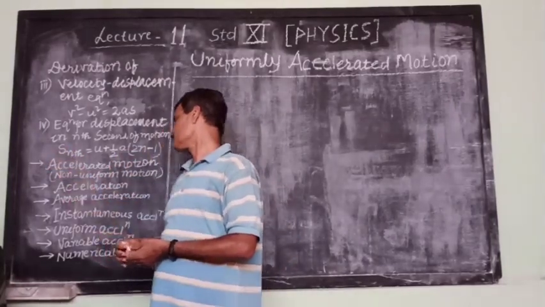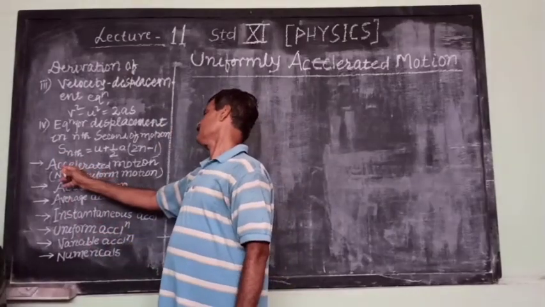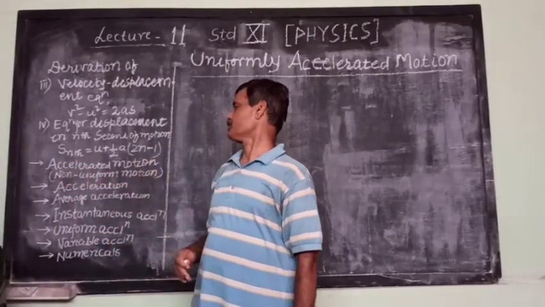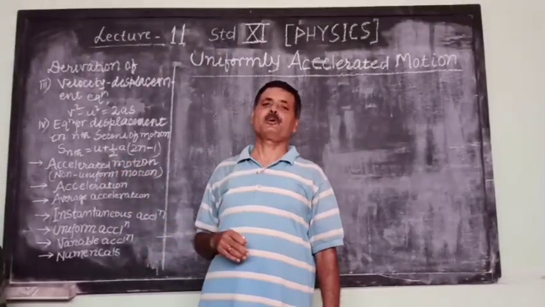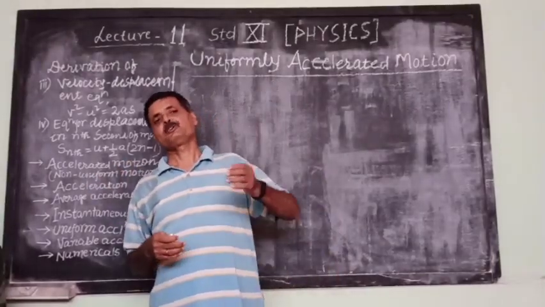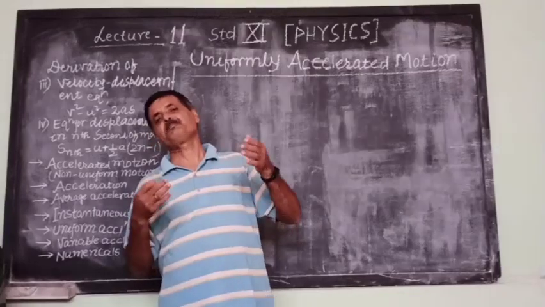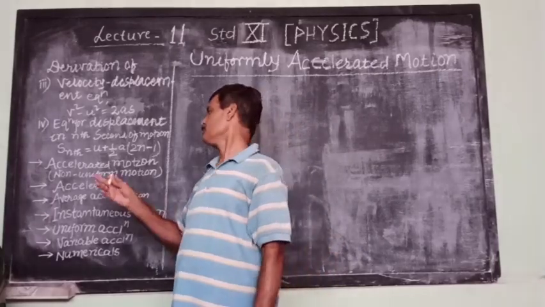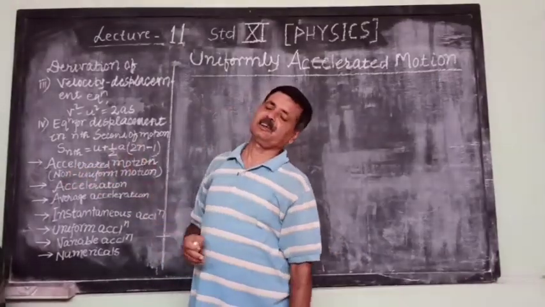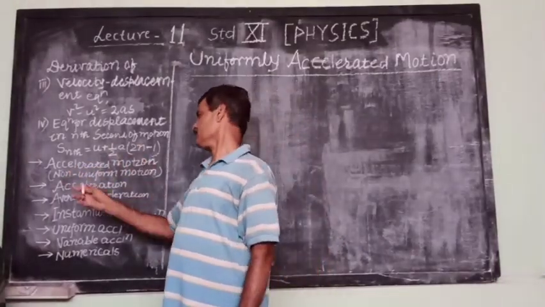Just after this, we will study regarding accelerated motion. Accelerated motion, non-uniform motion. Means a body is moving, either it is speeding up or slowing down. In this case, we will study about it, and that will be non-uniform motion.